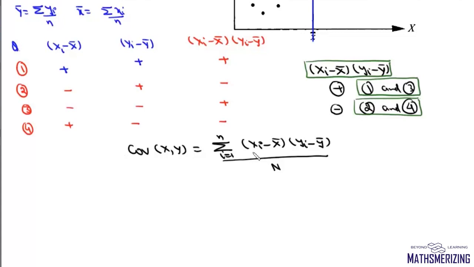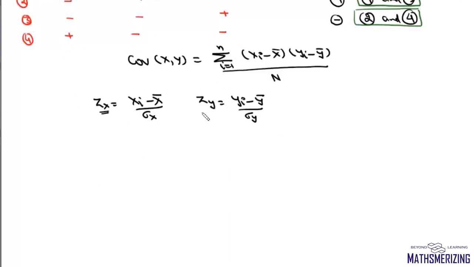So rather than taking variables as x and y, we'll define these variables zx as xi minus x bar upon sigma x, and zy as yi minus y bar upon sigma y.